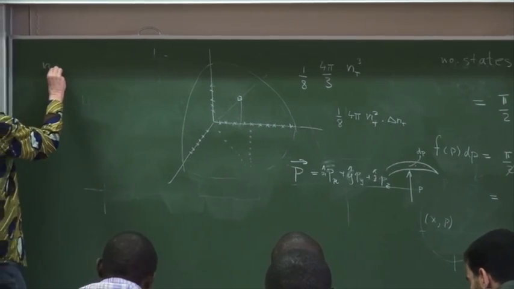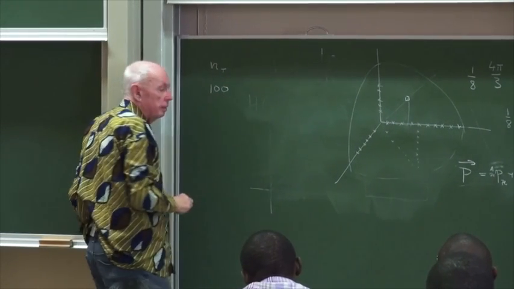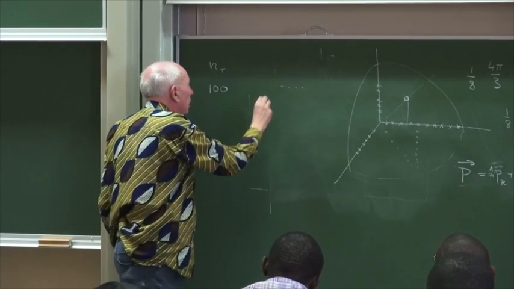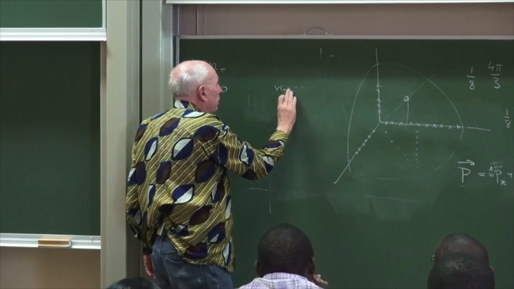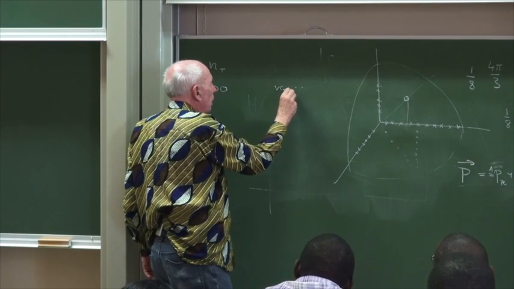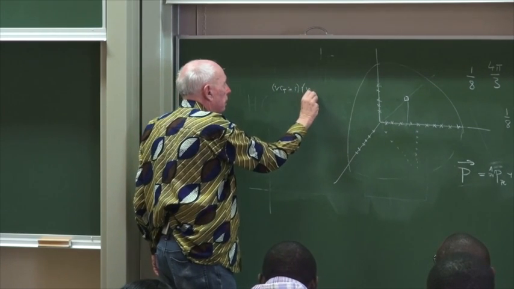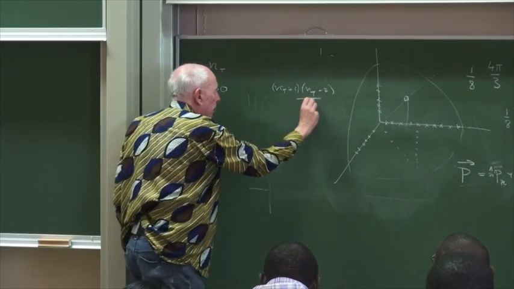Maybe I should do it this way. You've calculated it for 100, and you have a formula, something like NT minus 1 and NT plus, I think I've seen such formulas, divide by 2 or something.